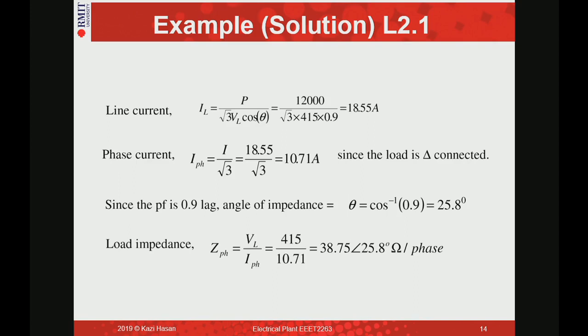Yes. So for the Y connection, there are two ways to find the power P. One is using the phase and one is using the line. So here you are using the current in the phase to find the current in the line.